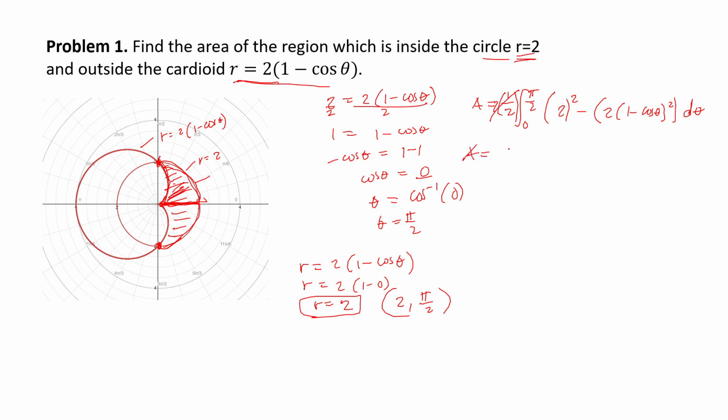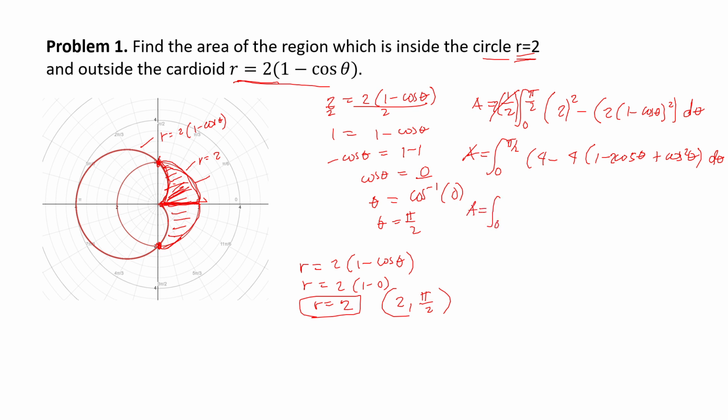Area is equal to the integral of pi over 2 times 4 minus this, which becomes 4 times 1 minus 2 cosine theta plus cosine squared theta d theta. So simplify this further.